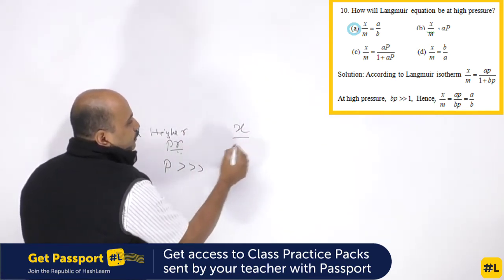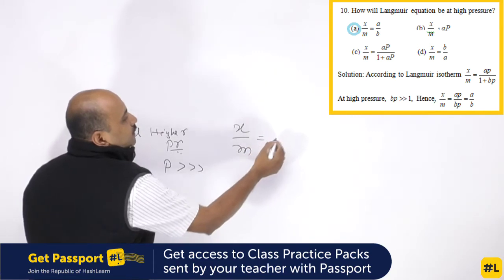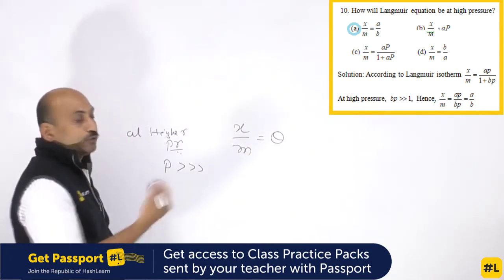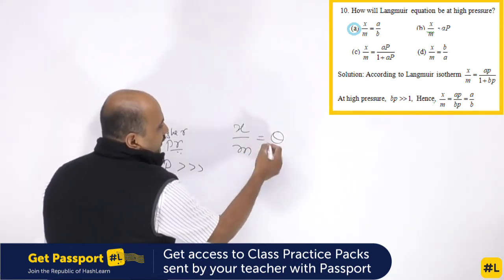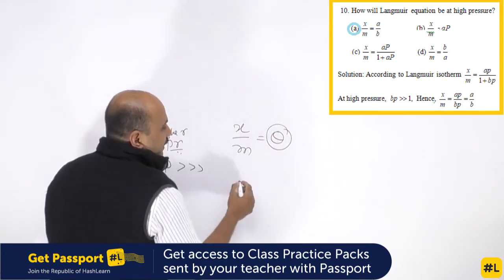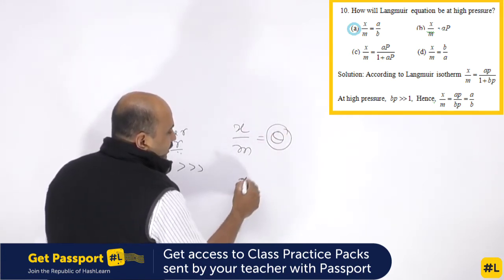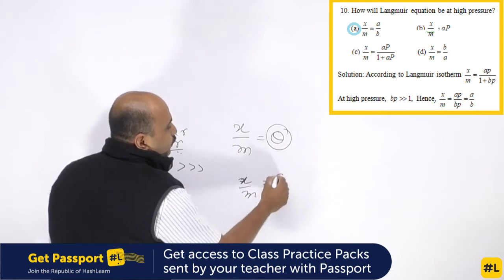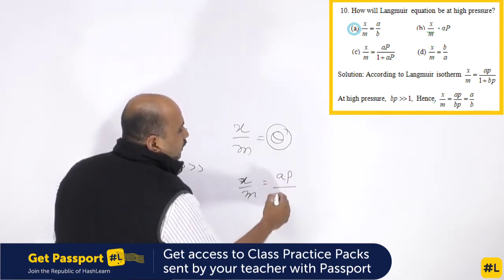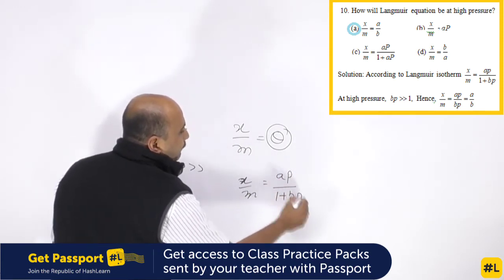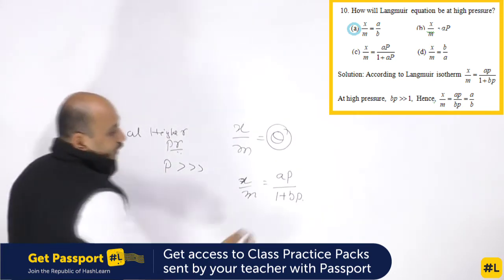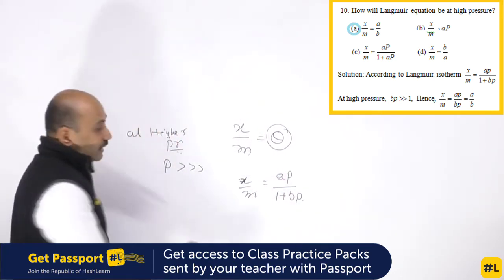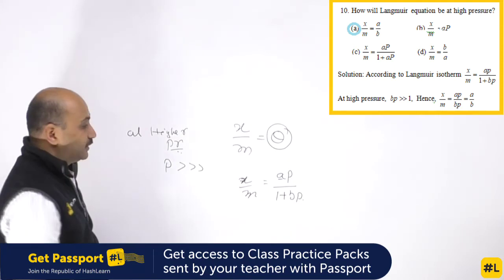he says x by m is equal to theta, or we can say k theta. This theta is later represented as x by m equals AP over 1 plus BP, where P is the partial pressure, and the mass as well as the area is given by the adsorbent.